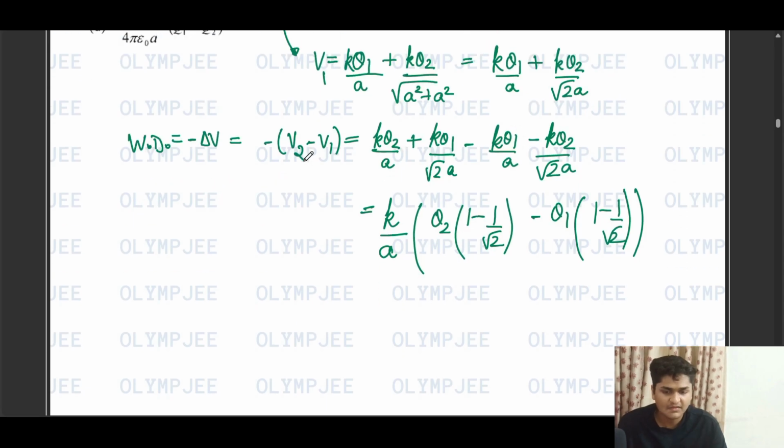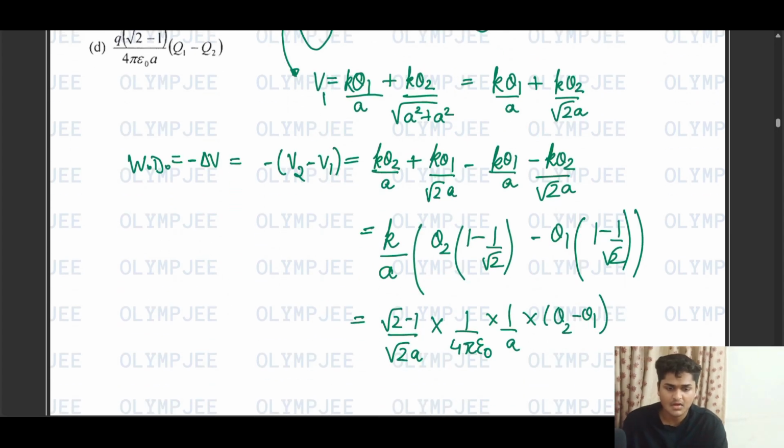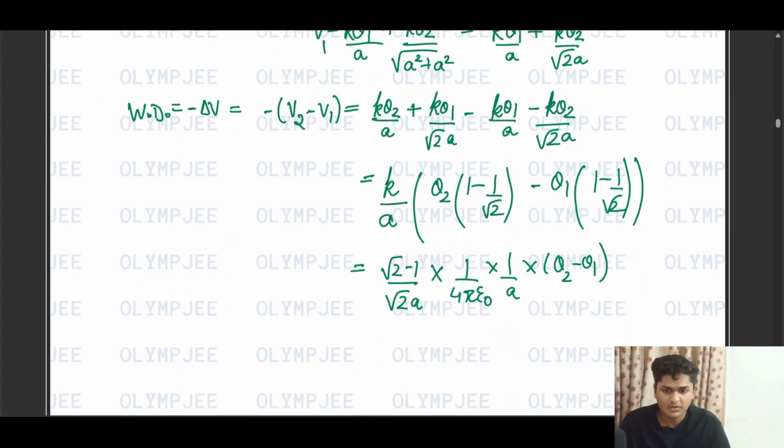So this will finally give us root 2 minus 1 by root 2 a multiplied by 1 by 4 pi epsilon naught multiplied by 1 by a multiplied by Q2 minus Q1. Sorry, I forgot to include this minus sign.